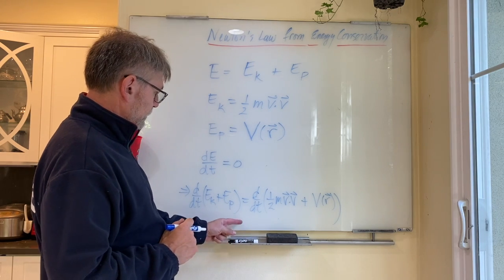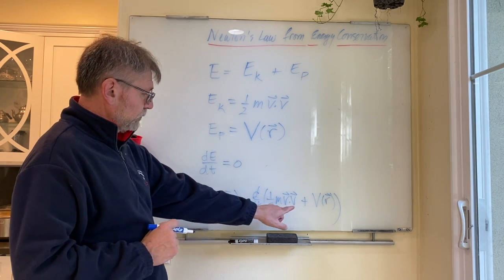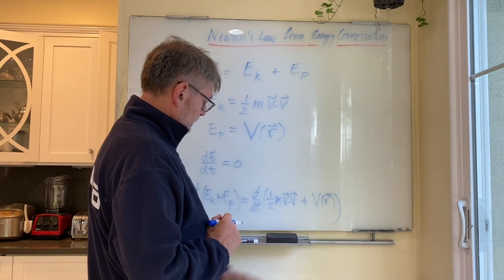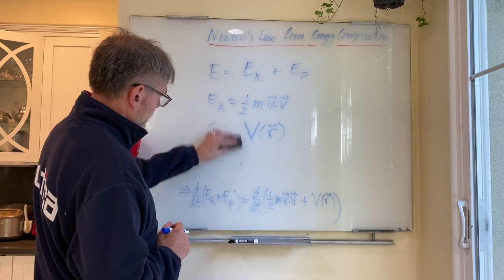All right, so now I'm going to do the calculus. I'm going to use the product rule on this term and the chain rule on this one. All right, so let me show you what we get.